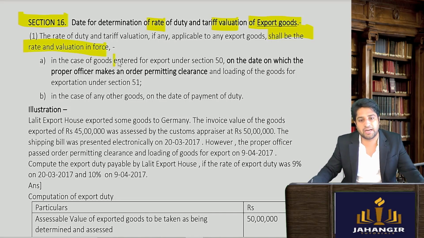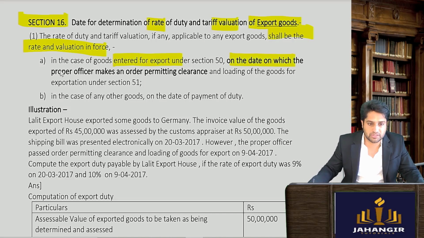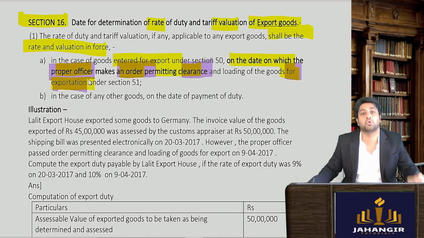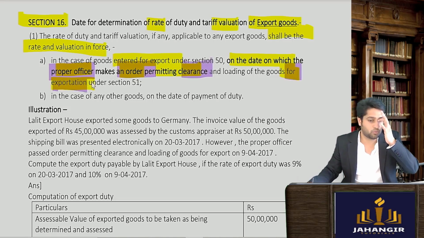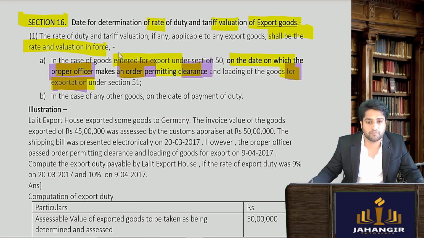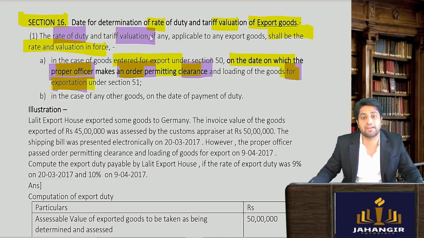So when the goods are entered for export, the date on which the proper officer makes an order permitting clearance and loading of goods for exportation. So when the proper officer orders clearance for exportation, तो उस दिन पे rate, what is the rate of duty and the value prevalent on that day will be taken into consideration.